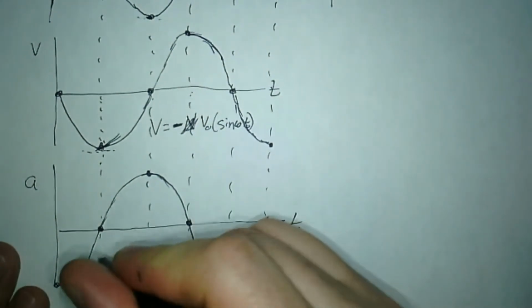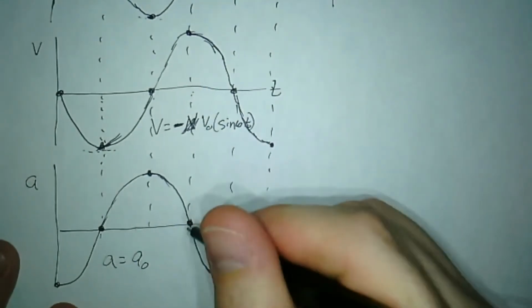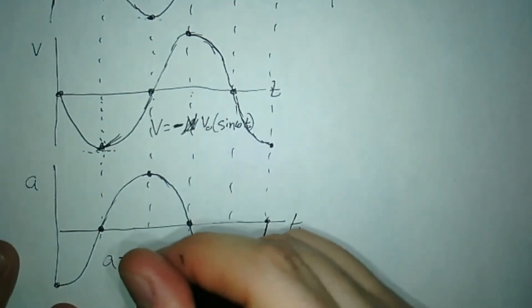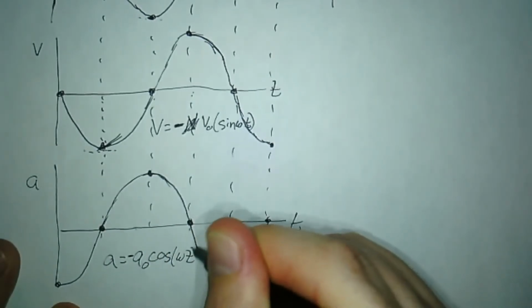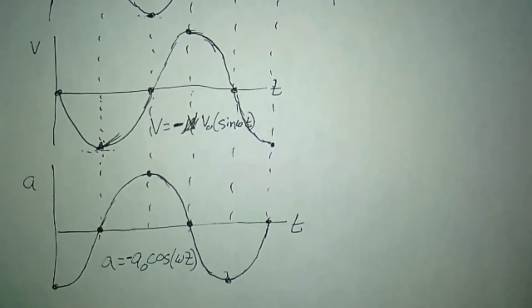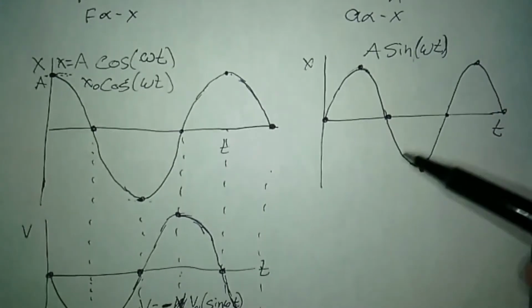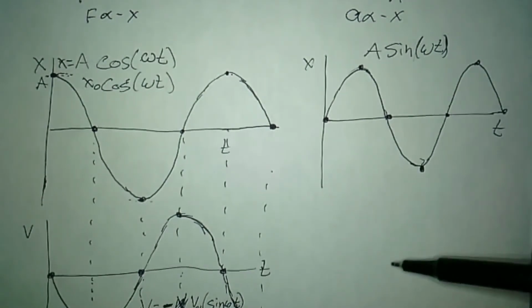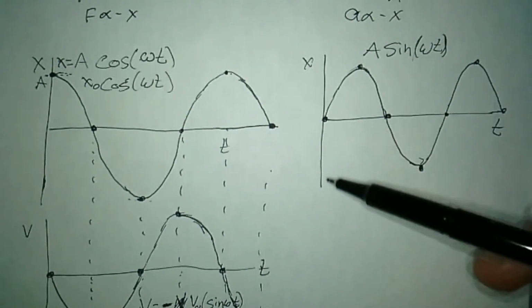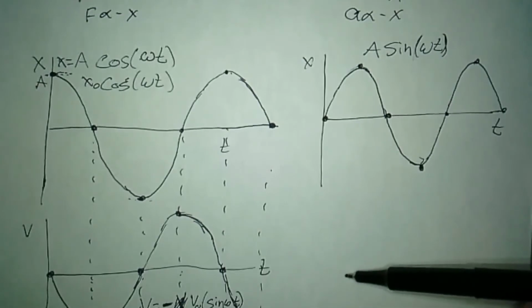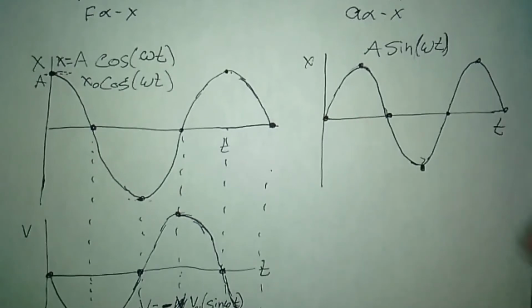And we can say this one will be acceleration initial times minus cosine omega t, right? Now if we had done it using this one on the right, because we started with a sine, it would have gotten us a cosine, because here the slope will be maximum, right? So it's going to start us at 1, or whatever our amplitude is. And then for our acceleration graph, it's just going to be the sine, but negative.